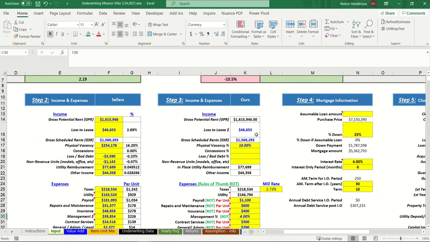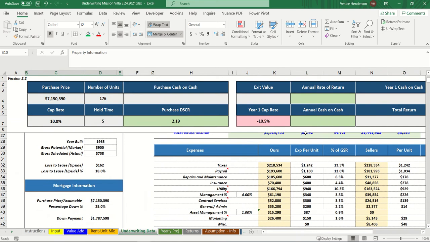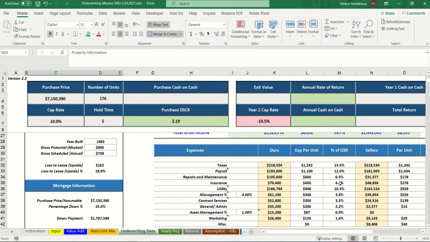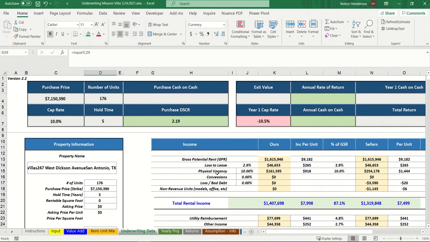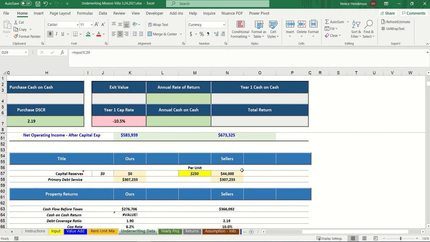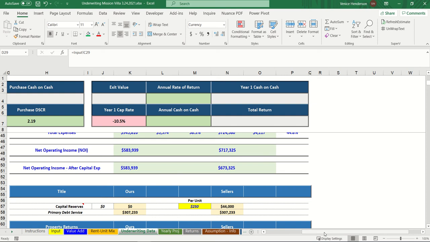Okay, so maybe when I changed that number, it didn't really do much here. So let's go ahead and see what happened over here. Right now I'm just trying to see what's happening and where that number gets fed into and how it changes these numbers over here.